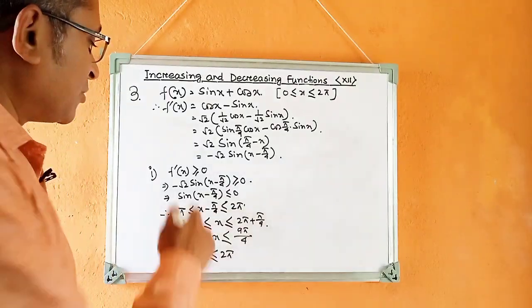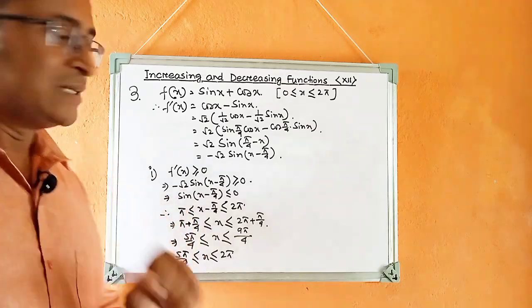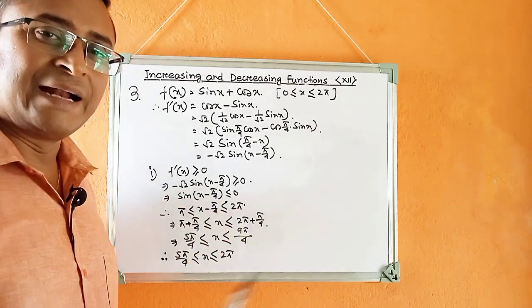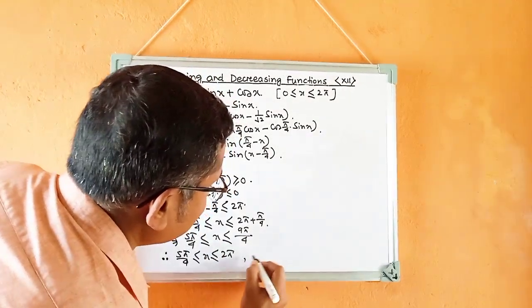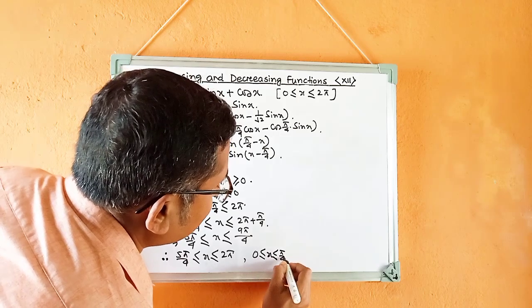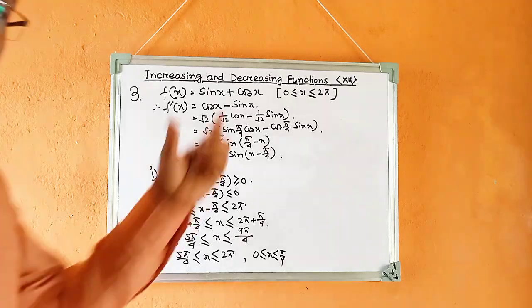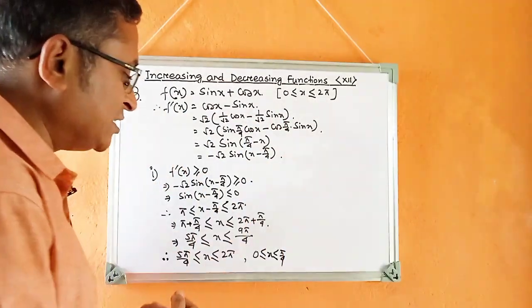Again, suppose 30 degrees, that means x equal to pi by 6, put x equal to pi by 6 minus pi by 4, that is also negative. Okay, that means another range, that is 0 less than or equal to x less than or equal to pi by 4. This is the second range of increasing function. This is an important sum. Look carefully.